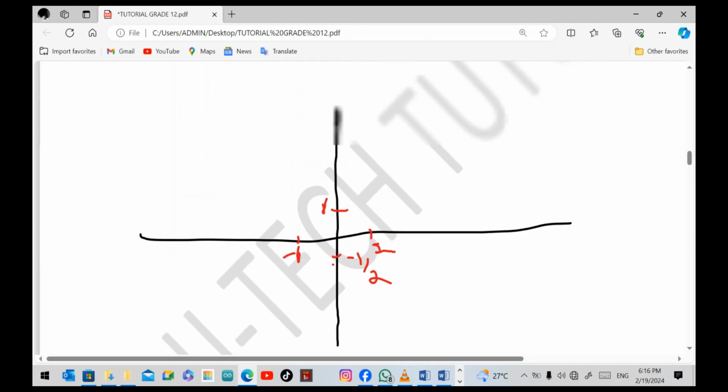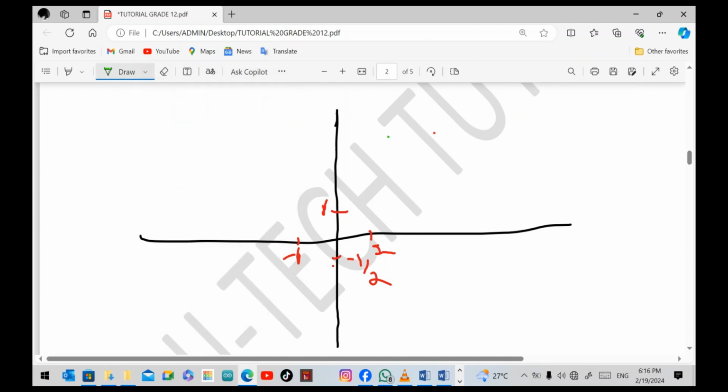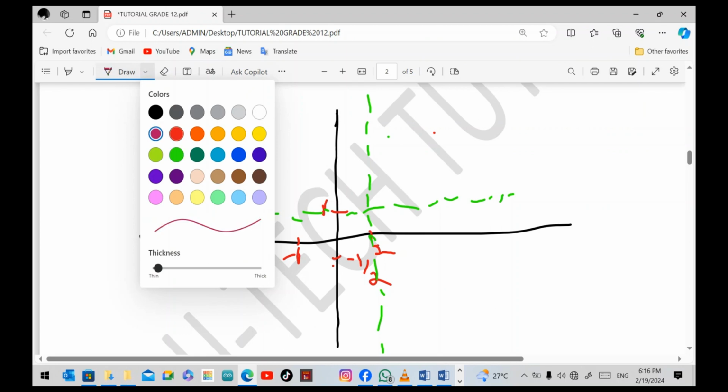Now we have to plot them. This is our y asymptote. This is our x asymptote, right? Now we have to draw the graph.